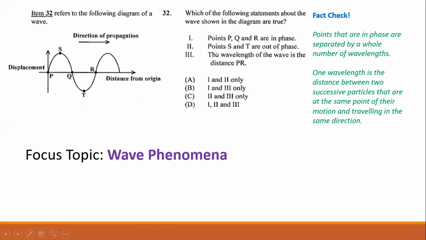So it means, therefore, that P, Q, and R are separated by half of a wavelength. So that one would be out. And S and T are out of phase, which is true. The distance PR is the wavelength, and we have point P here and point R. Both of them are at the same point in their motion. So our answer here would be C.